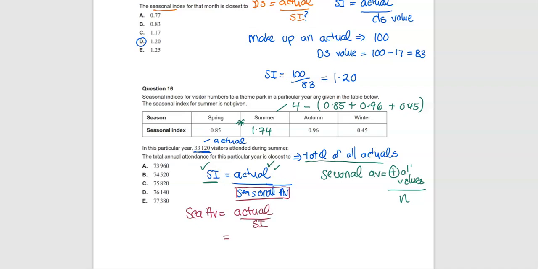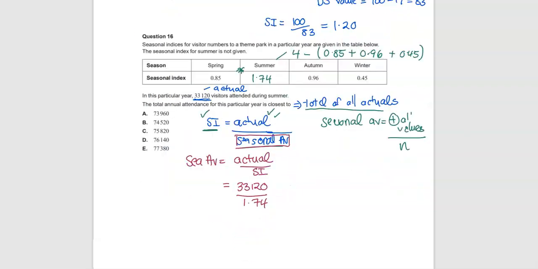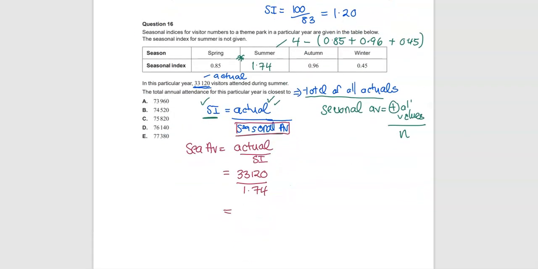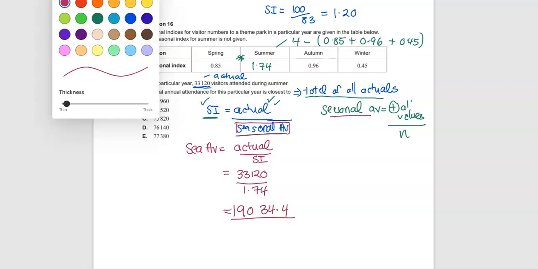If we do that, we've got the actual, which is 33,120, and we divide it by the seasonal index, which we've found is 1.74. We end up with a seasonal average of 19,035, the average for that season. Now I need to find the sum of all those values.